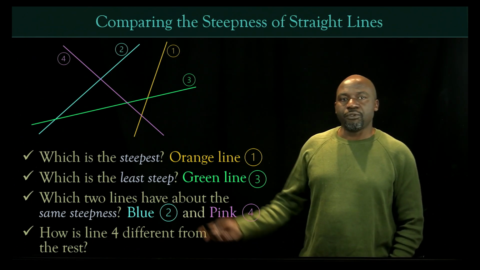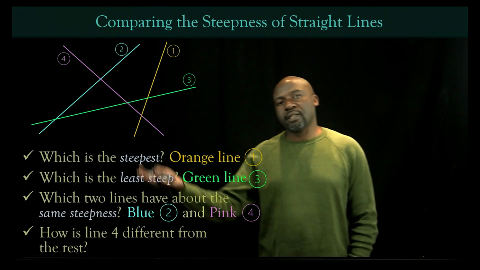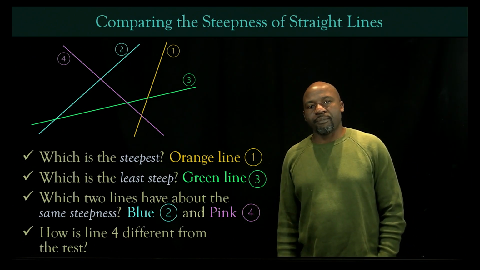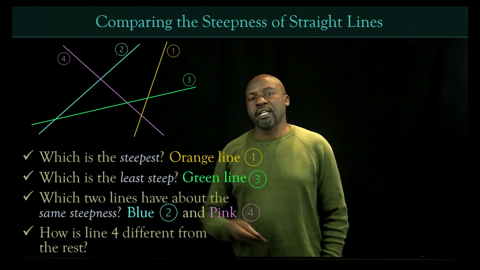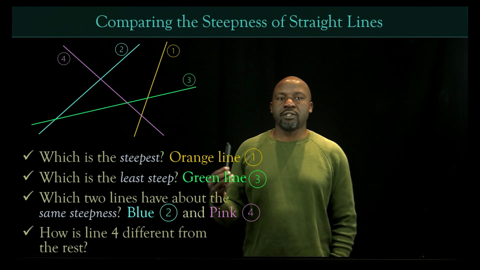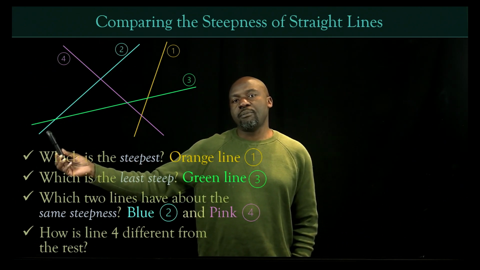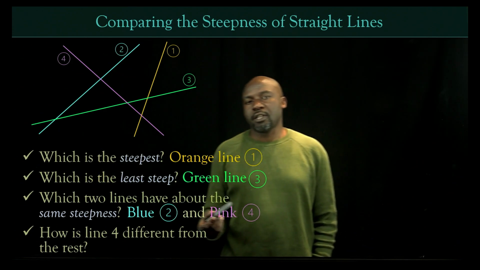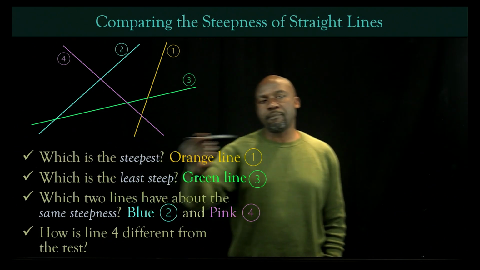In other words, if you were to climb the sides of the mountain, you're probably going to expend the same amount of energy to climb the same amount of height. So they have about the same steepness. And how is line number 4 different from the rest of the lines? Well, when we want to talk about steepness in mathematics, we come up with a convention. We decide that we always record steepness starting from the left, moving towards the right. So if we were to start at any point on one of those lines and move towards the right, you will notice that for all the other lines, on your way towards the right, you are actually rising, you're climbing.